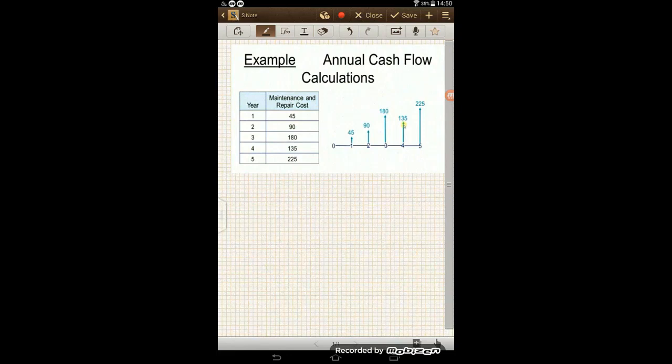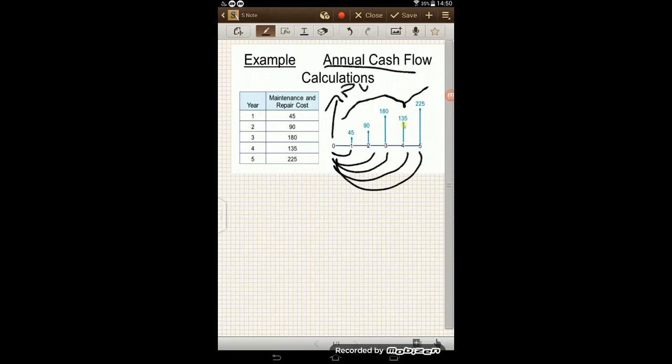As we see, there is a non-uniform distribution of cost, and we want to find the annual cash flow again. For this kind of question, it's better to bring all the worth to the present, then make it just one present value, and then we can distribute it as a uniform annual cash flow. Okay, let's do this one.